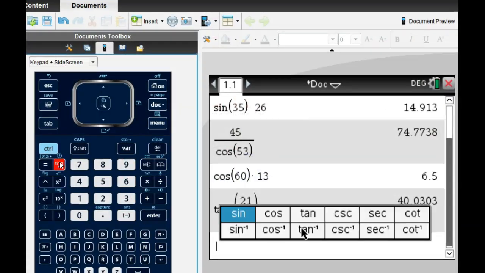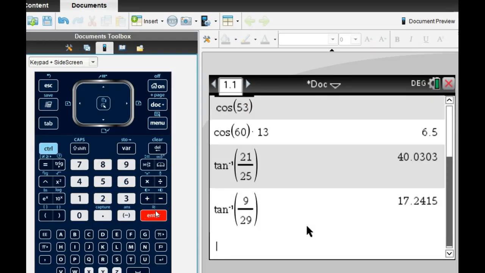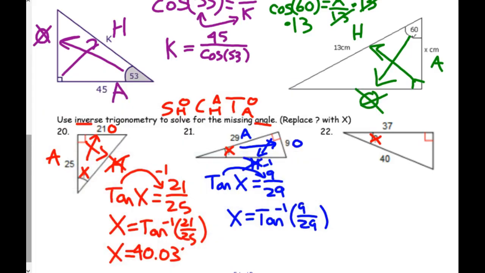So X equals tan inverse 9 over 29, which is 17.24, and that's in degrees.